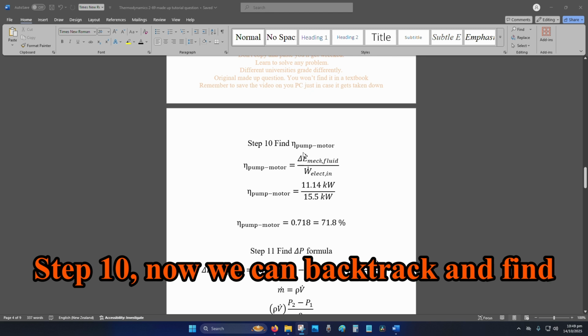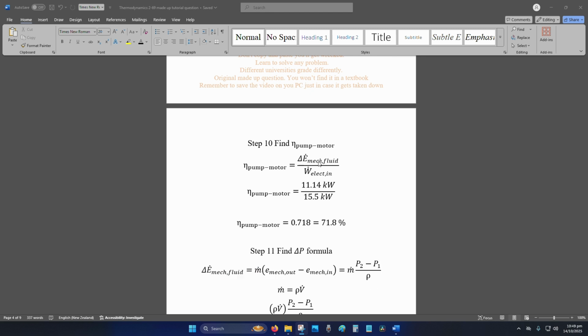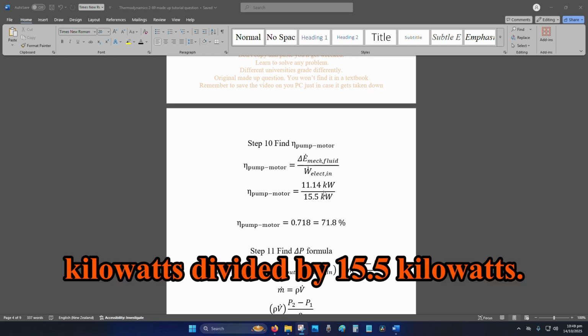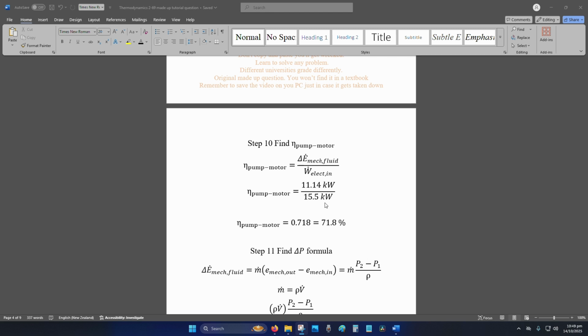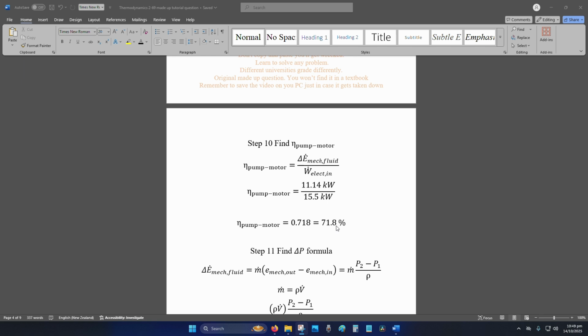Step 10, now we can backtrack and find the efficiency of the pump and motor. So we've got 11.14 kilowatts divided by 15.5 kilowatts. That'll give us 71.8%. So that is part A.